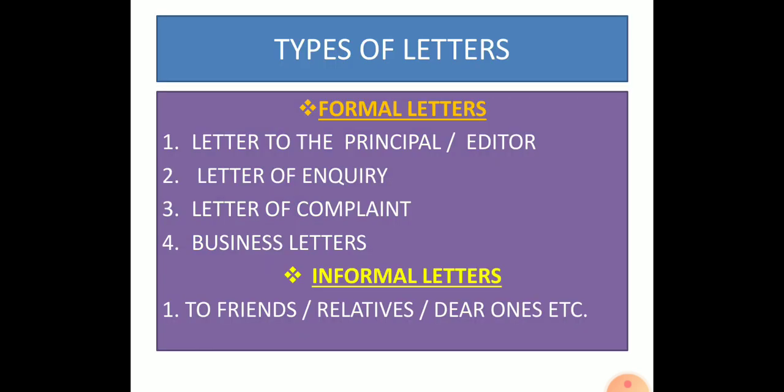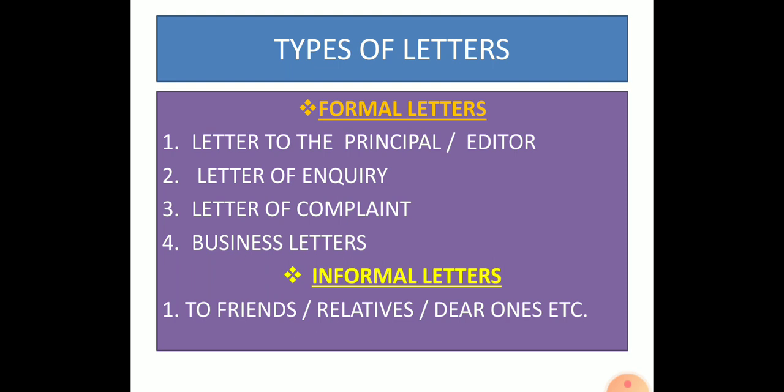Next, we are coming to the topic of types of letters. So basically there are two types of letters. First is formal letters. Now what are formal letters? The letters which are written to officials. There are certain features of a formal letter.